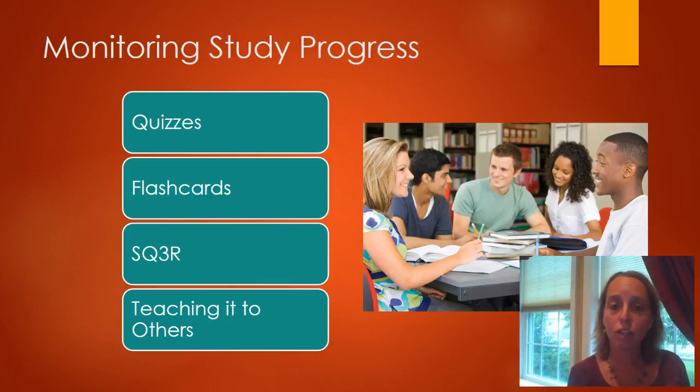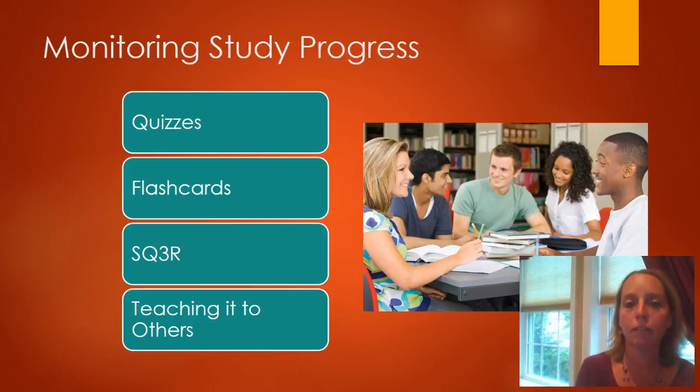So for instance, flashcards. Are they able to pose a question on one side, write the answer on the other, and then when they test themselves, are they able to really give comprehensive, thorough responses? Are they getting all the main points? Are they missing anything? Things of that nature. The SQ3R approach that we talked about in the reading section, survey, question, read, recite, review.